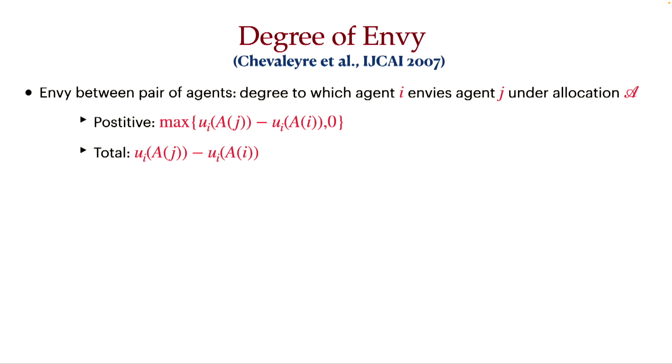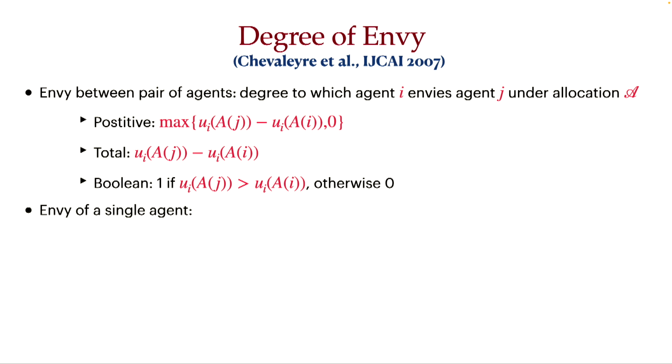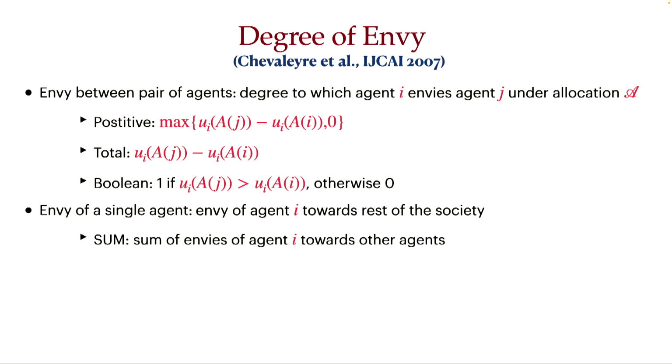So, this is what is captured in the total envy between a pair of agents. Boolean is just 0 or 1, if I envy or I do not envy, that is it. So, this is envy between a pair of agents. Once I compute it, I can talk about the envy of a single agent. So, the envy of agent i towards the rest of the society, you can just take a summation.